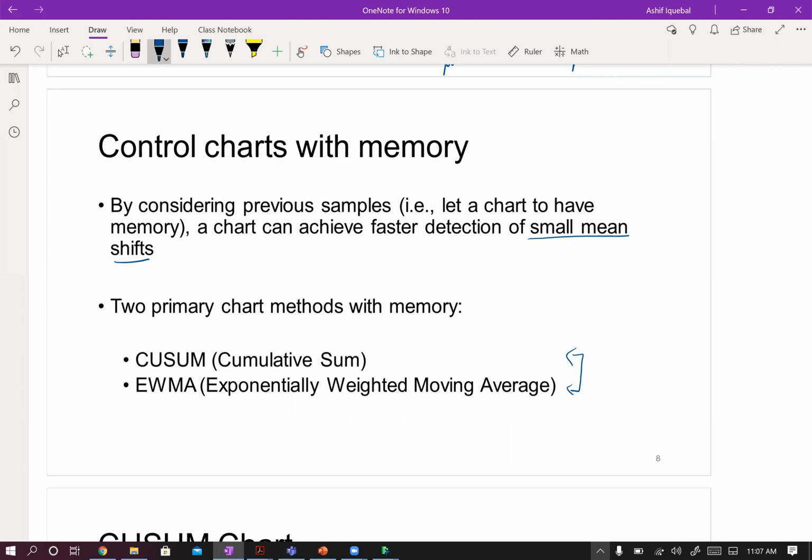In fact, if you're developing a new method for detecting the change point, it is always recommended that you compare your method with CUSUM and EWMA. When you start reading papers, you will see that when they present their case studies or results, they will always compare their performance with that of CUSUM and EWMA. So what I want to say here is, CUSUM and EWMA are two of the most fundamental methods that incorporate the memory of the process.